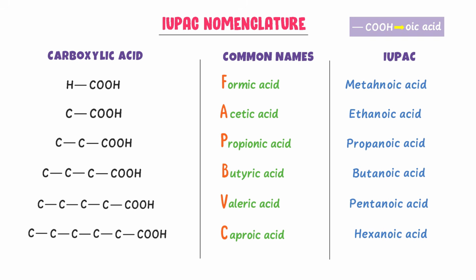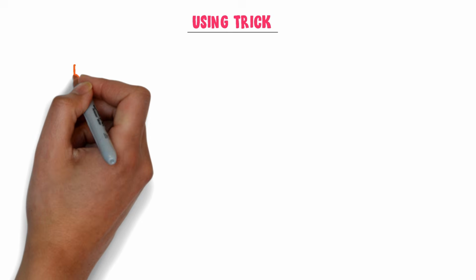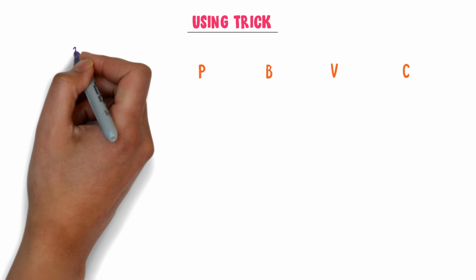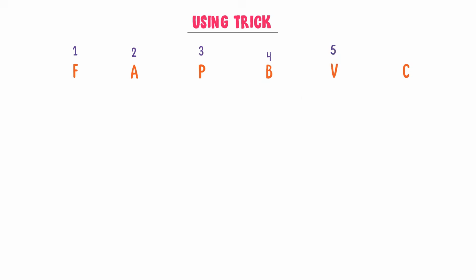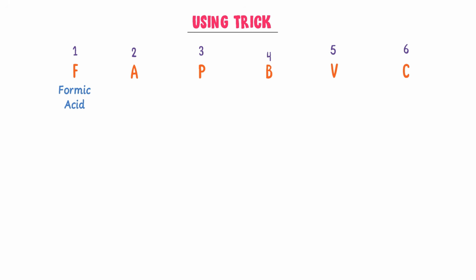Now let me teach you how quickly we can use this trick in any exam. I always write FAPBVC, then I write 1, 2, 3, 4, 5, 6. If there is one carbon in the carboxylic acid, it is formic acid. If there are two carbons, it is acetic acid.